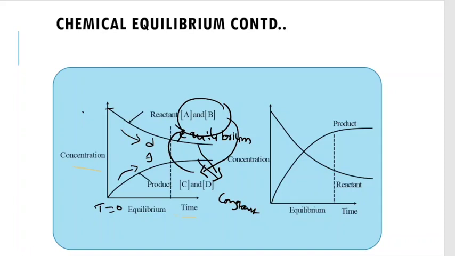Then what all needs to be constant at this equilibrium stage?